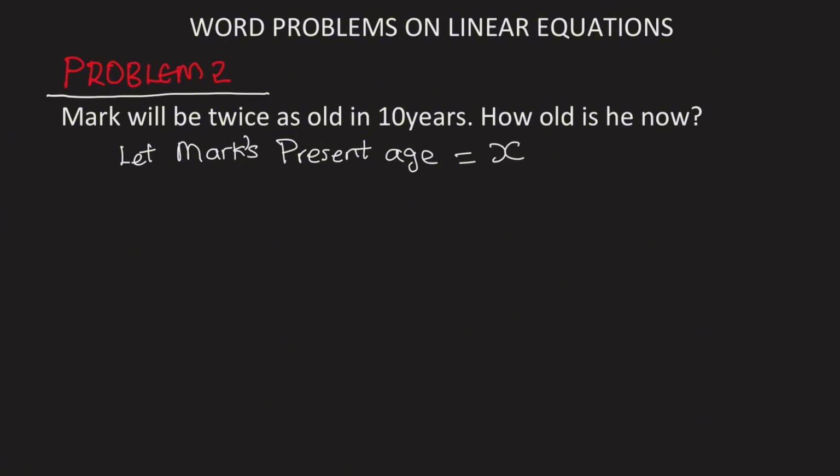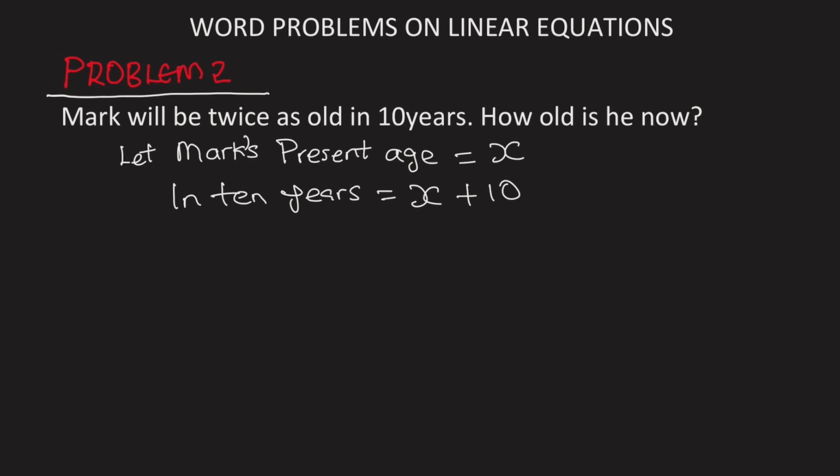Now let's get our linear equation from the information we're given. It says Mark will be twice as old in 10 years. In 10 years, Mark's age is equal to x, which is his present age, plus 10.